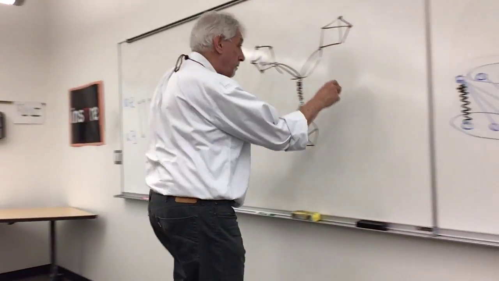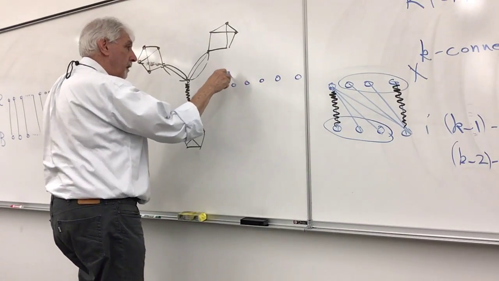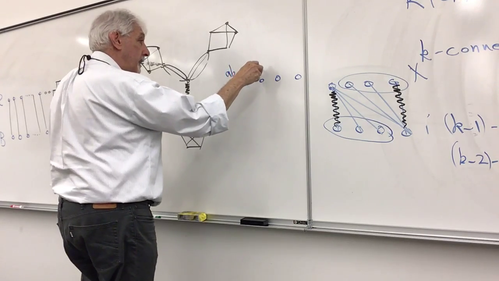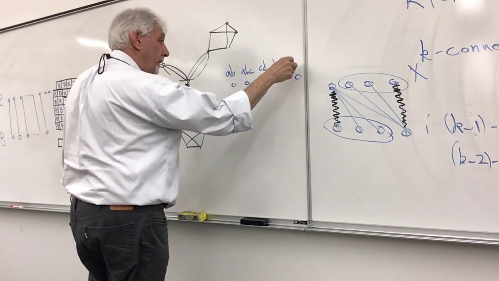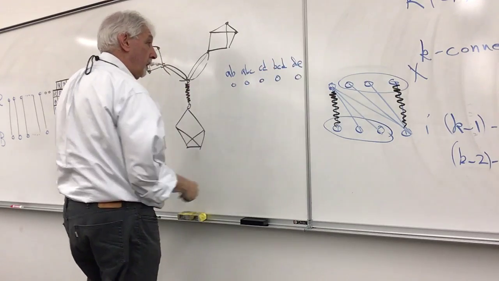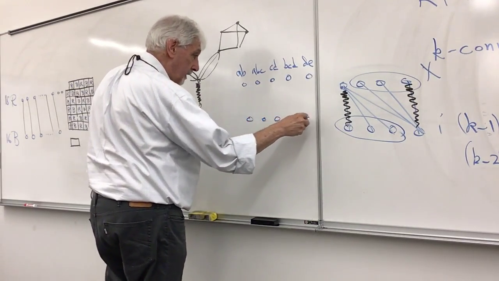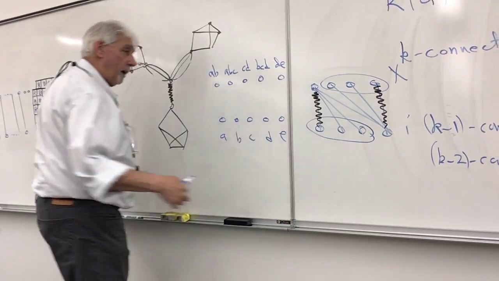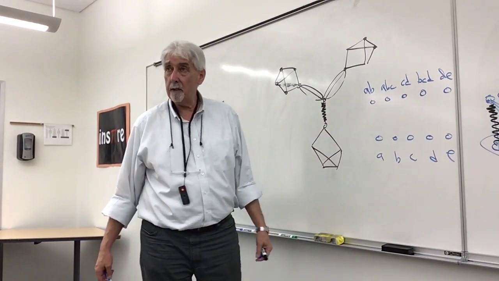So, tell me what the code words are again. AB, ABC, CD, BCD, DE. Okay, and I would like to only represent these with A, B, C, D, E. So I would like a matching where A represents only one of these.